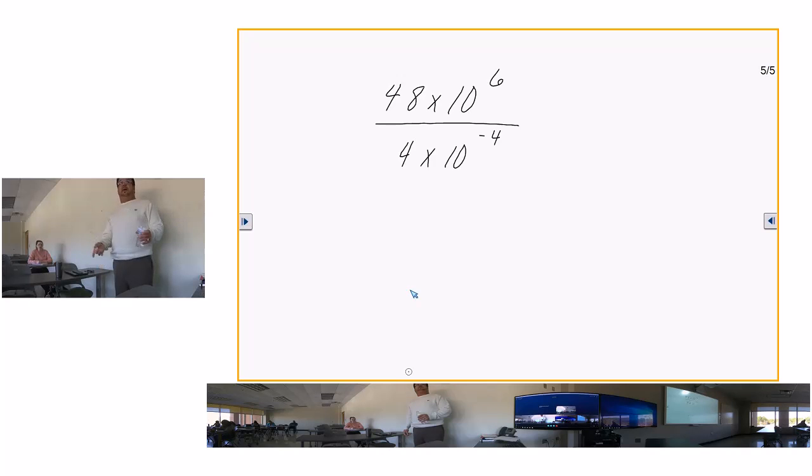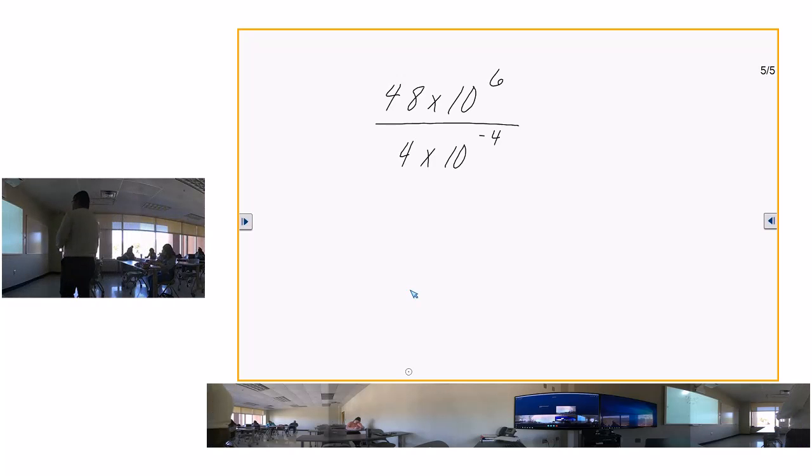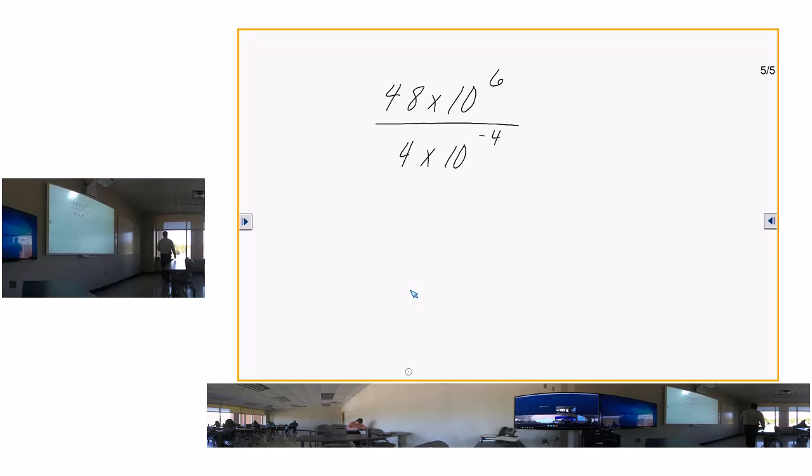So, divide it up. Take your 48 divided by 4 and put it over here. And 10 to the 6th over 10 to the negative 4th, what do you do when you divide fractions? Divide exponents. Subtract. But you remember, you got a negative there, so you're going to put that negative 4 in parentheses and put a negative in front of it. And that becomes something different.